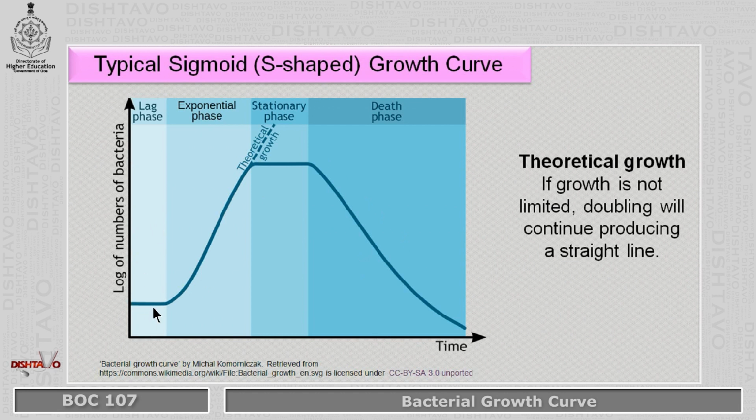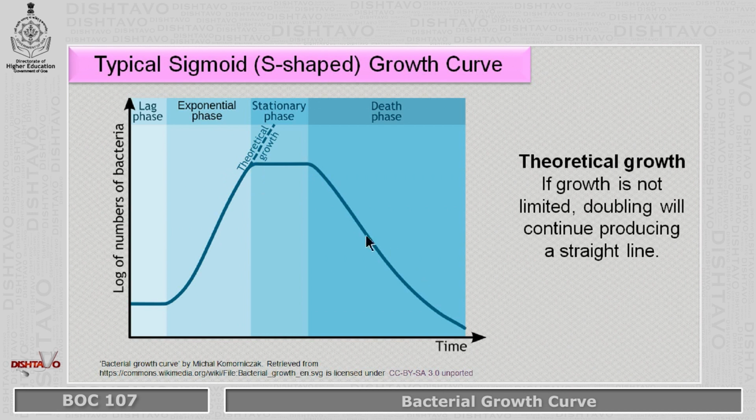Now the first stage is the lag phase, where we see that there is no increase in the number of bacteria. In the next phase, that is the exponential phase, the number of bacteria increases exponentially. This is followed by the stationary phase, where again we see that there is no increase in the number of bacteria.